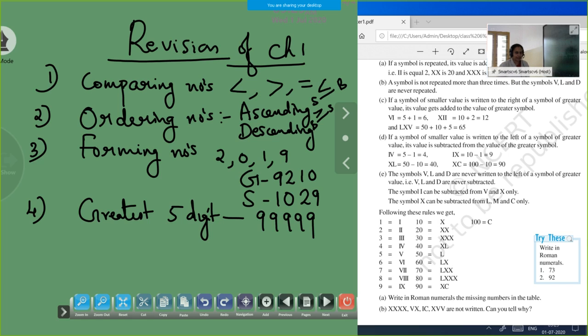This is the greatest 5-digit number. Then what is the smallest 5-digit number? If they ask, we will put 1 followed by 4 zeros. See, this is the smallest 5-digit number. Okay? Like this we write the greatest and the smallest number.